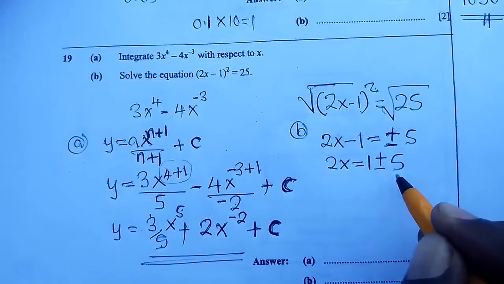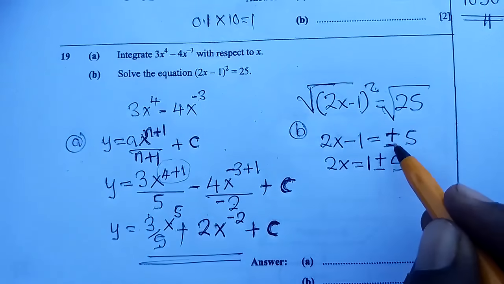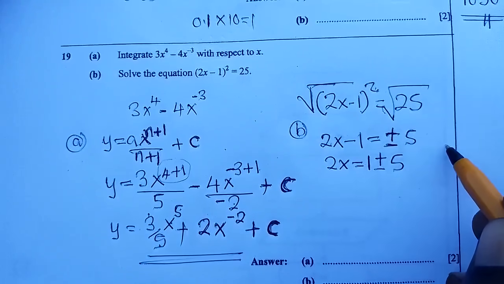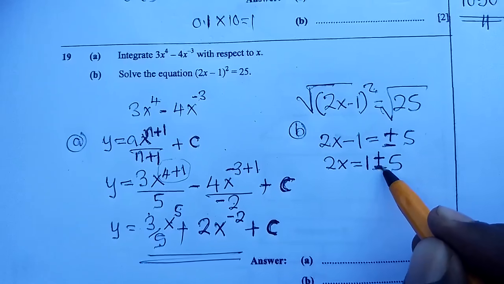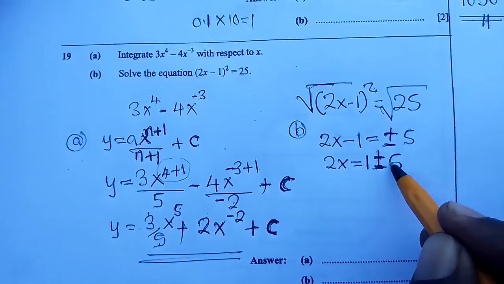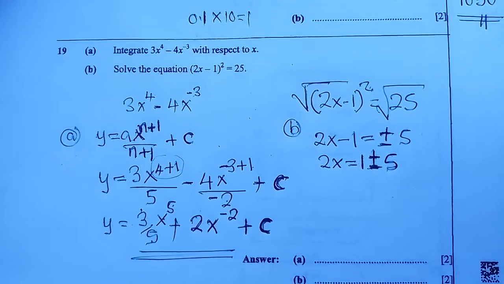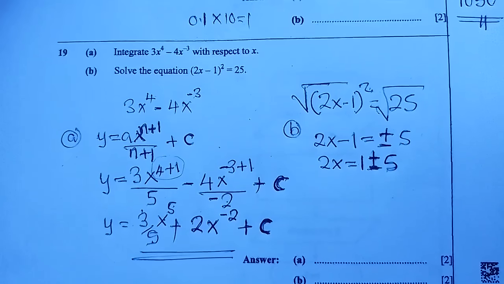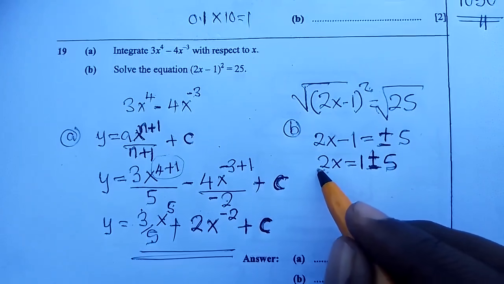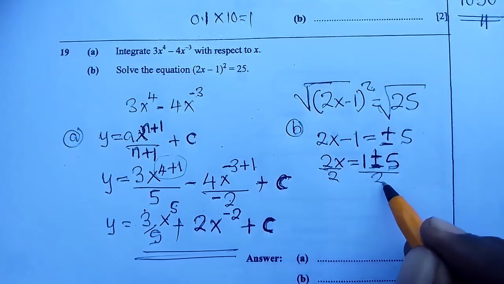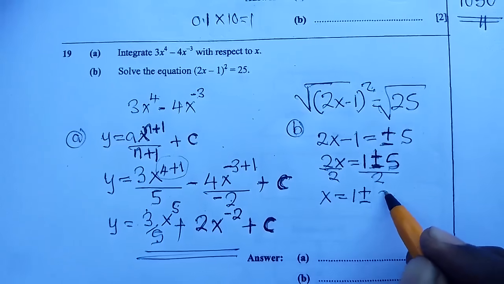If I want, I can say plus 1 this side, so that it just looks nice. This is plus or minus 5. From here now, the other thing that I'm going to consider, I say over 2. So it means x is equal to 1 plus or minus 5 over 2.